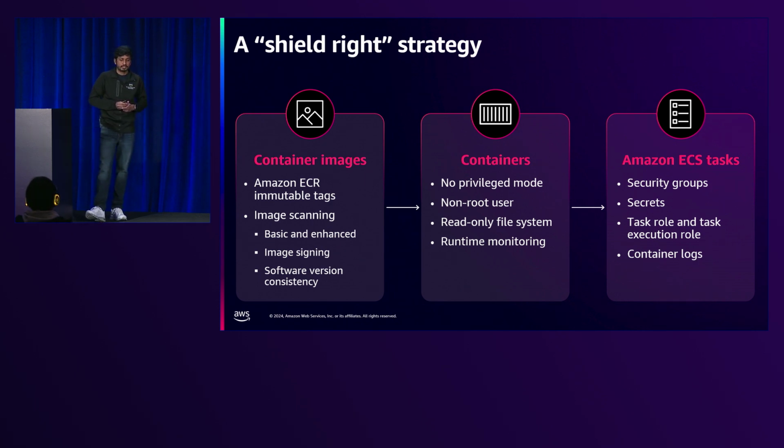And software version consistency. Anyone using ECS, is anyone aware of software version consistency? This is one of the new features released recently. With software version consistency, when you're using an Amazon ECS service with the ECS deployment controller, it is there by default. It ensures that the same image digest is deployed throughout the life cycle of the deployment of an Amazon ECS service, even if the new deployment is referencing a different image tag.